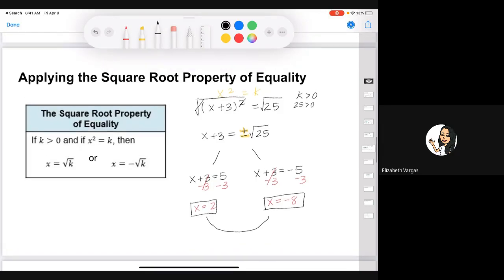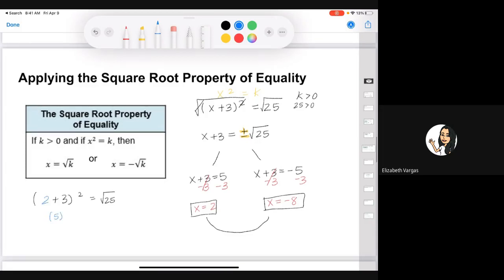Okay. And if I wanted to check those, I could. x plus 3 squared equals 25. So I could plug in my 2. That gives me 5 squared, which is equal to 25, which is a true statement.